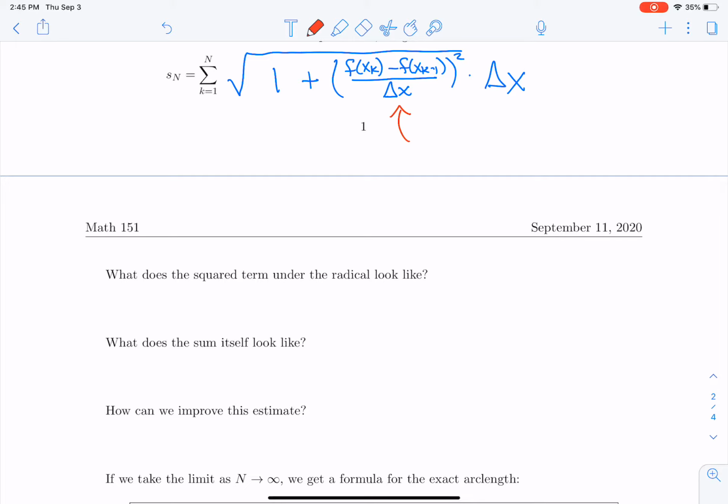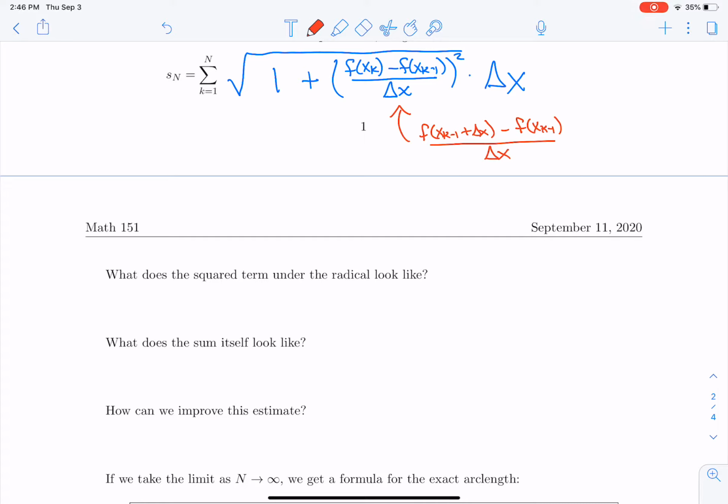So in fact, I can think about this as f of x_{k-1} plus delta x minus f of x_{k-1} over delta x. And hopefully that looks like a derivative to you.